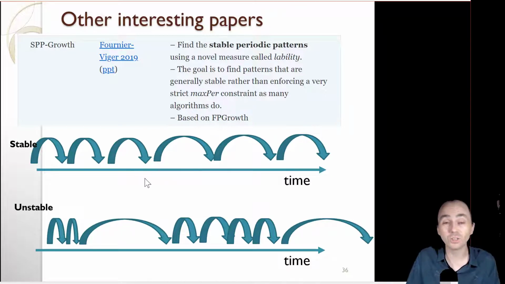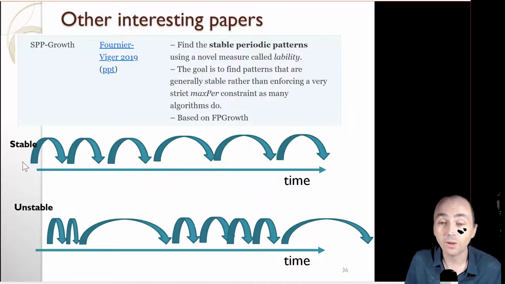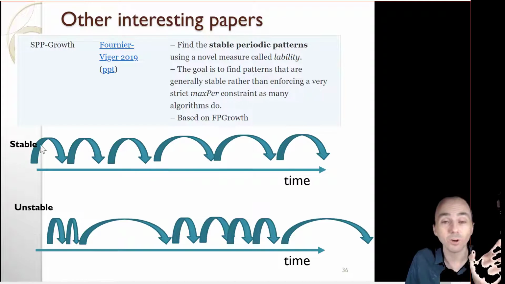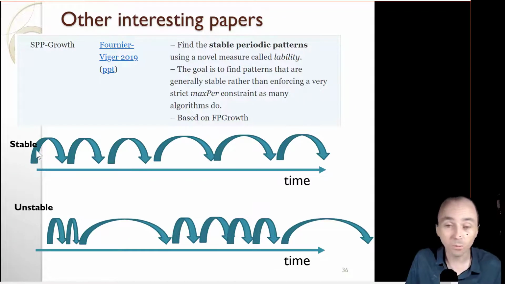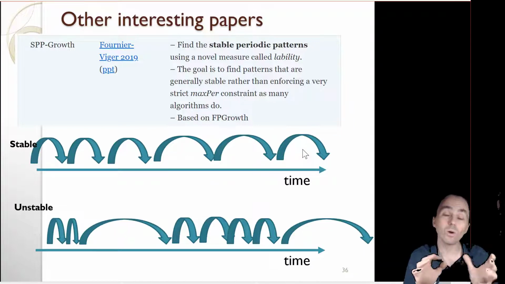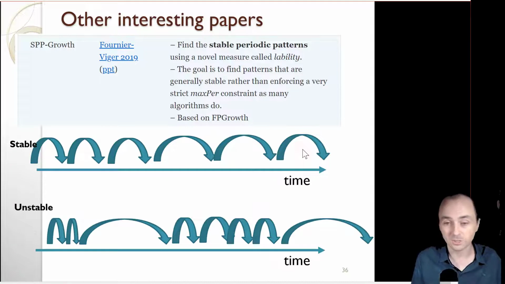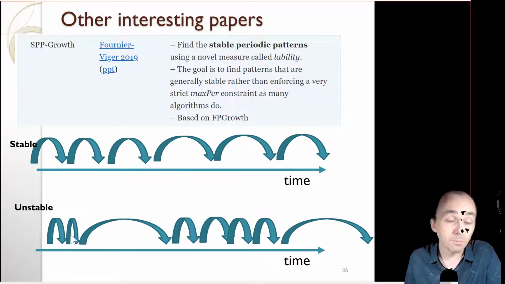Let me show you this with a picture. Here we have the time, and we have some arrows that represent the size of the periods. For example, we have a pattern that appears every 2 weeks, 2 weeks, 2 weeks, then maybe 3 weeks, 3 weeks, and 3 weeks, and so on. This is very stable, always about 2 or 3 weeks. But sometimes maybe we have unstable patterns.